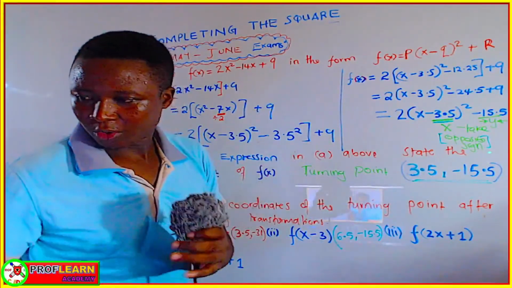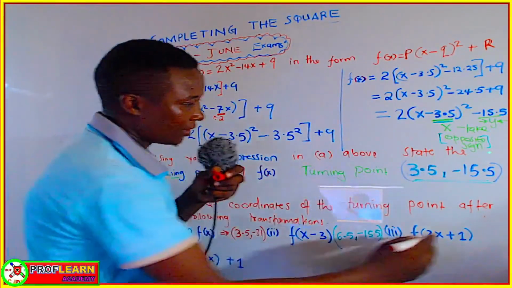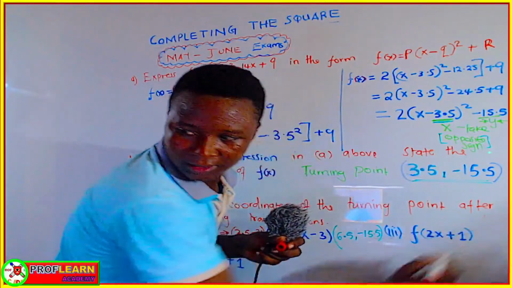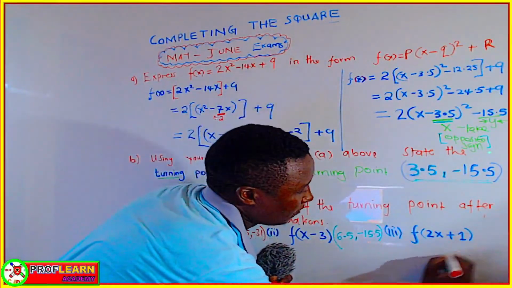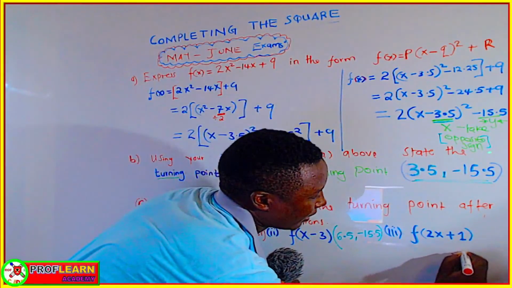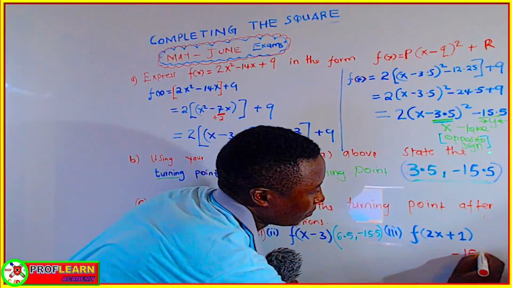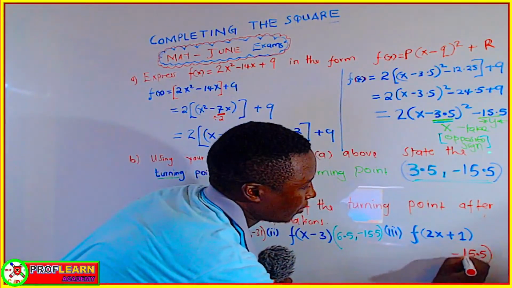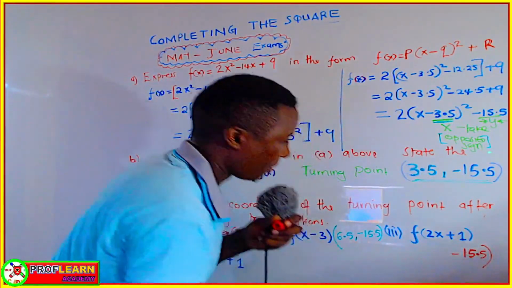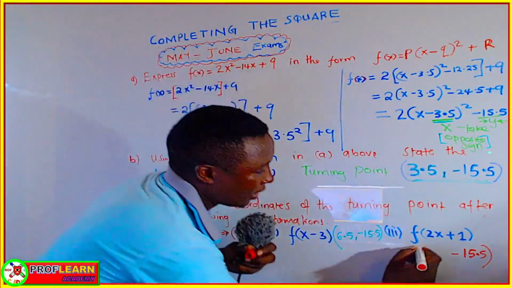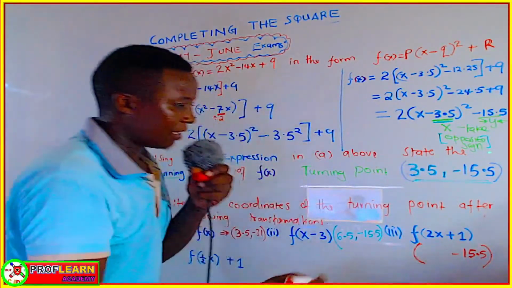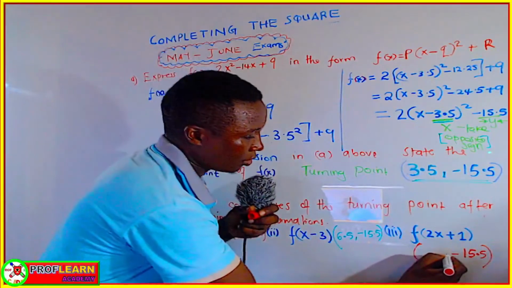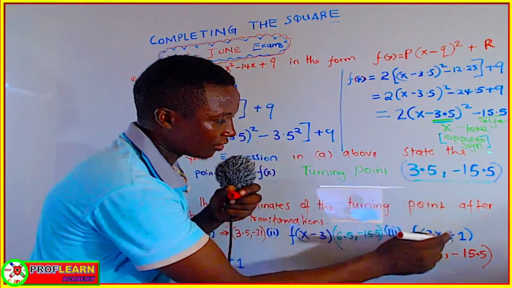So how are we going to approach that? Negative 15.5 is going to remain the way it is here, but we now need to find the new x coordinate because of this transformation.